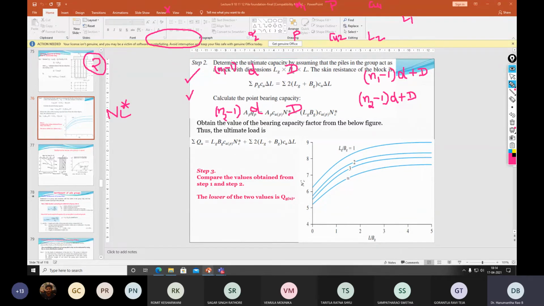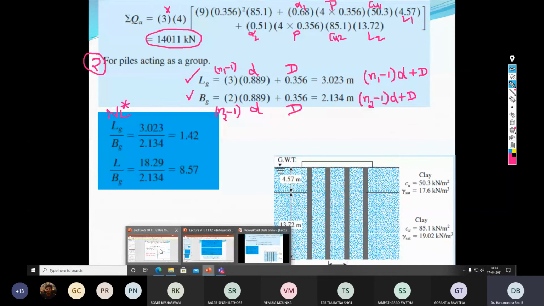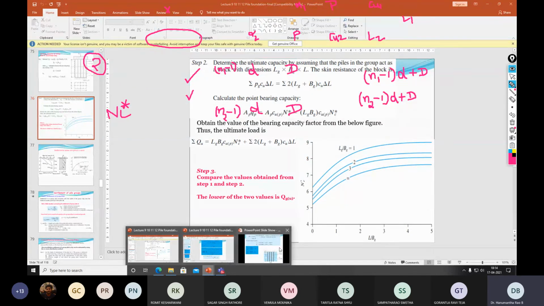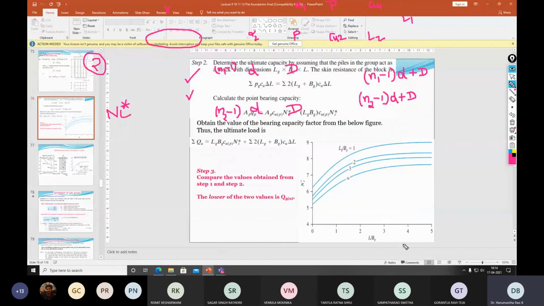Corresponding to these two, for example here, LG by BG is 1.42 and L by BG is 8.57. So 8.57 is a very high value, and this is 1.4 in between.